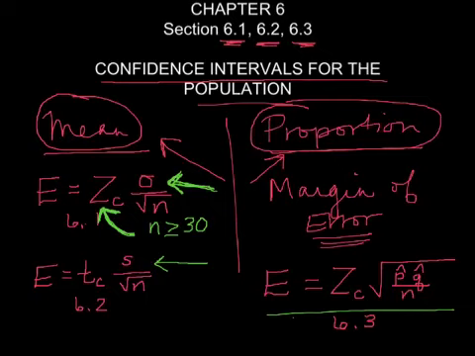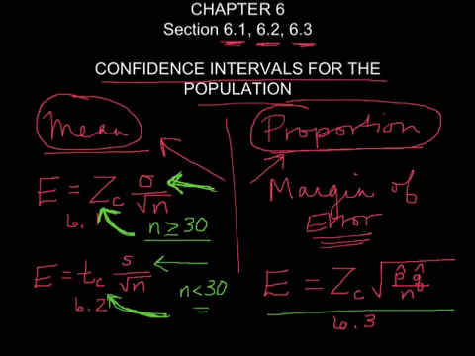So if you have a sample size of 30 or more, you're going to use that Z formula to find your error. If you have less than 30, if you only have 25 or 16 or 12 or 8, then you're going to use this formula that has a small letter T for its critical value. So capital letter Z, you use the large sample size formula. Small letter T, you use the small one. That's half the battle, really, is knowing what formula for error to use.